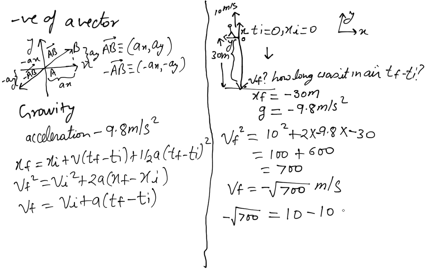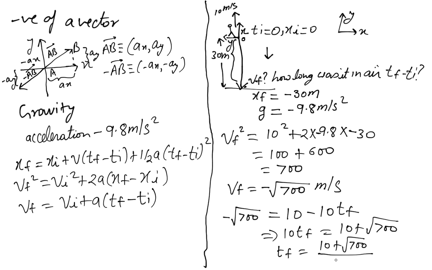We have already assumed ti to be 0, so it's tf, and that gives us 10 tf equals 10 plus square root of 700. You can use your calculators to find this value, and tf turns out to be (10 plus square root of 700) divided by 10, which if you do a small calculation will turn out to be this. So this is tf, ti we have assumed to be 0, and this is the time of flight.